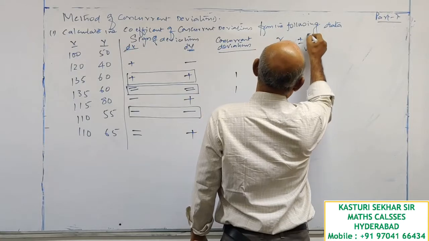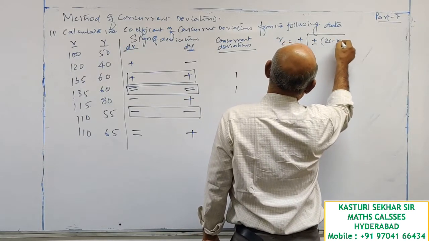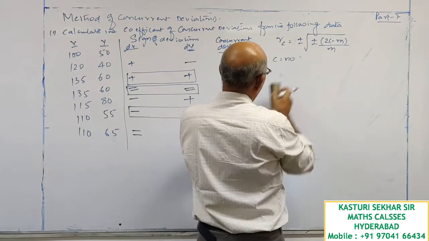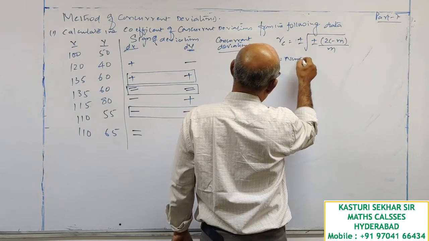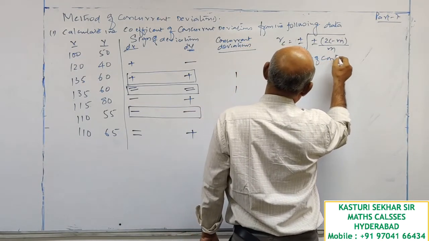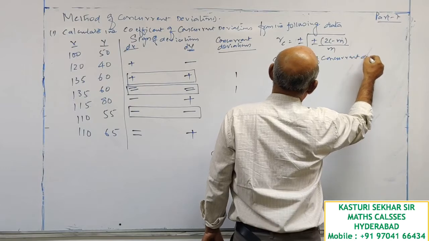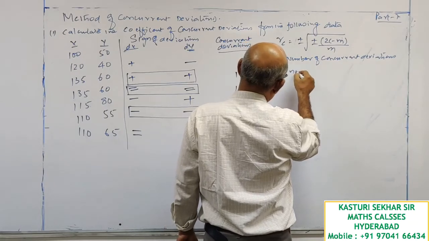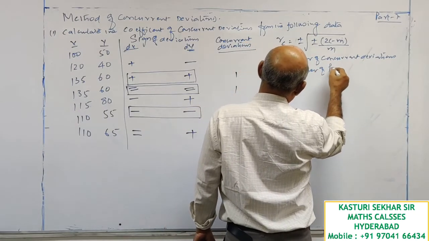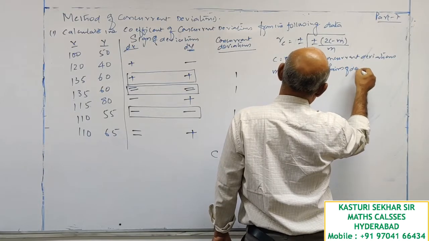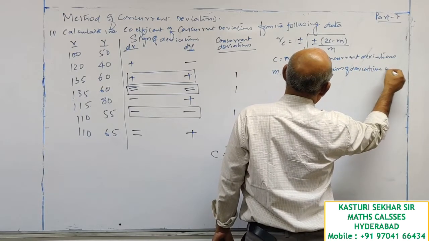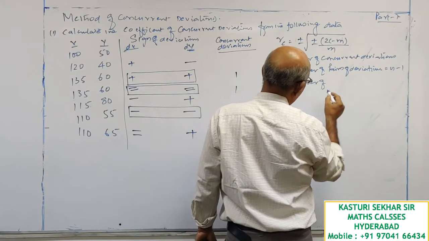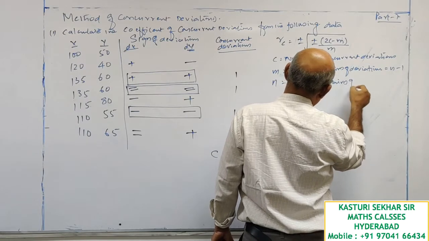RC is equal to plus or minus square root of plus or minus (2C minus M) divided by M, where C is equal to the number of concurrent deviations, M is equal to the number of pairs of deviations, this is n minus 1, n is equal to the number of pairs of observations.